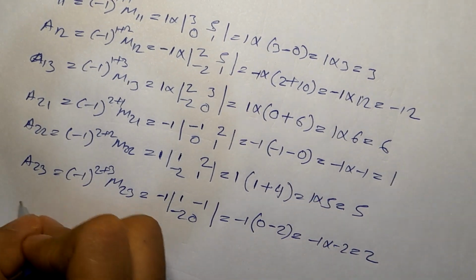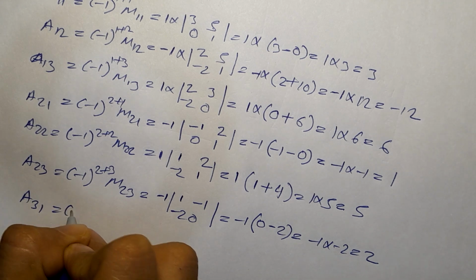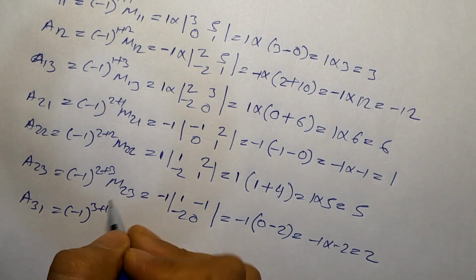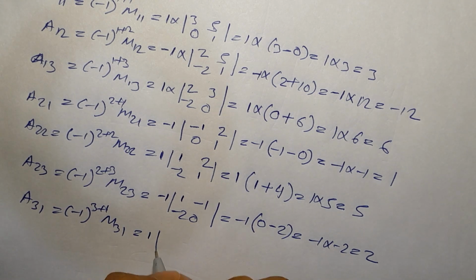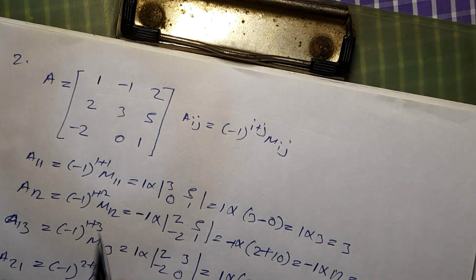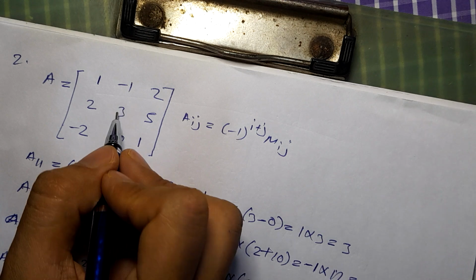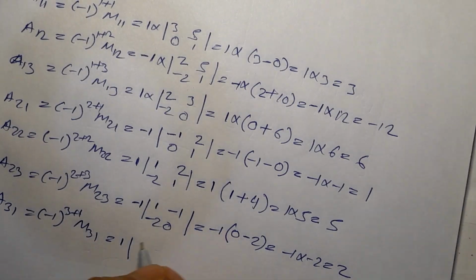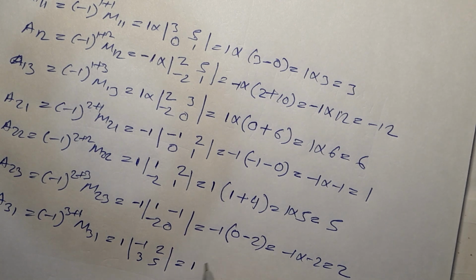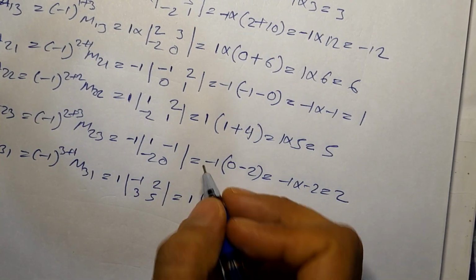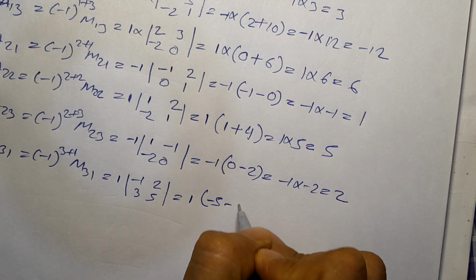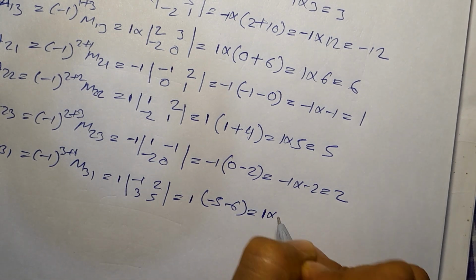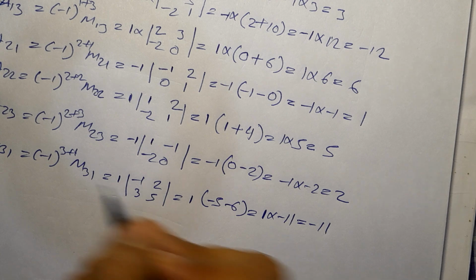Now A31, (-1) power 3 plus 1 M31, so it will be 4, it will give positive. Eliminate third row and first column. Minus 1, 3, 2, 5. 1 bracket, minus 5 minus 6, 1 into minus 11, so it gives minus 11.